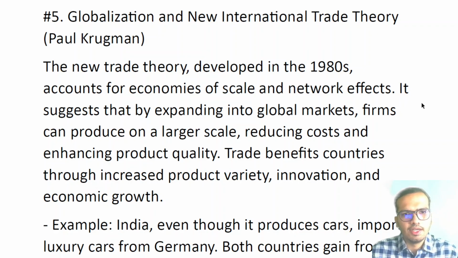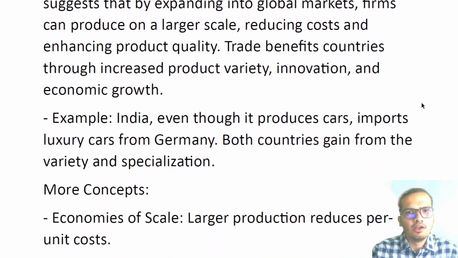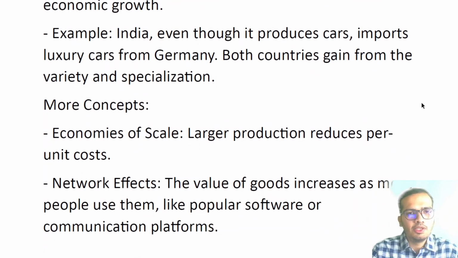It suggests that by expanding into global markets, firms can produce on a larger scale, reducing the cost and enhancing product quality. So trade benefits countries through increased product variety, innovation, and economic growth. An example could be India, even though it produces cars, importing luxury cars from Germany. Both countries gain from the variety and specialization.